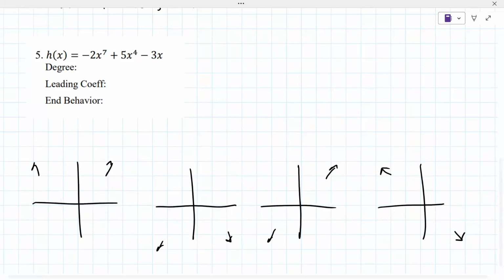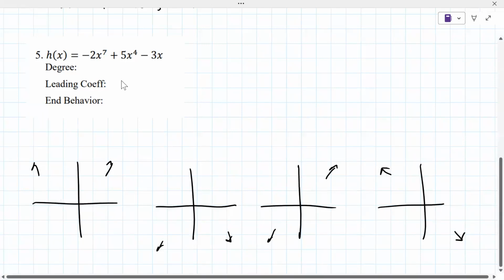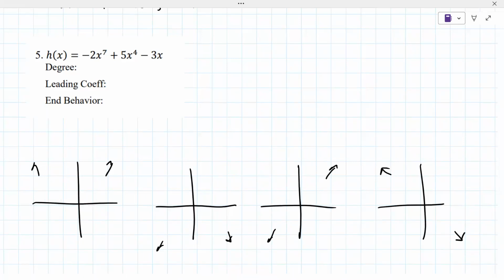So that's what you have to figure out from this without a calculator. It's based on the degree, whether it's odd or even, and the leading coefficient. And that's just kind of wondering if you still have those graphs up or a reference sheet.